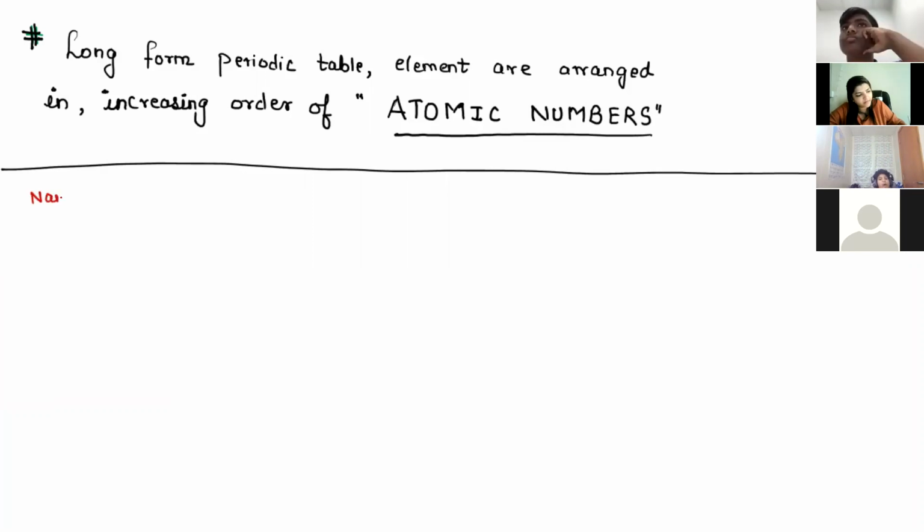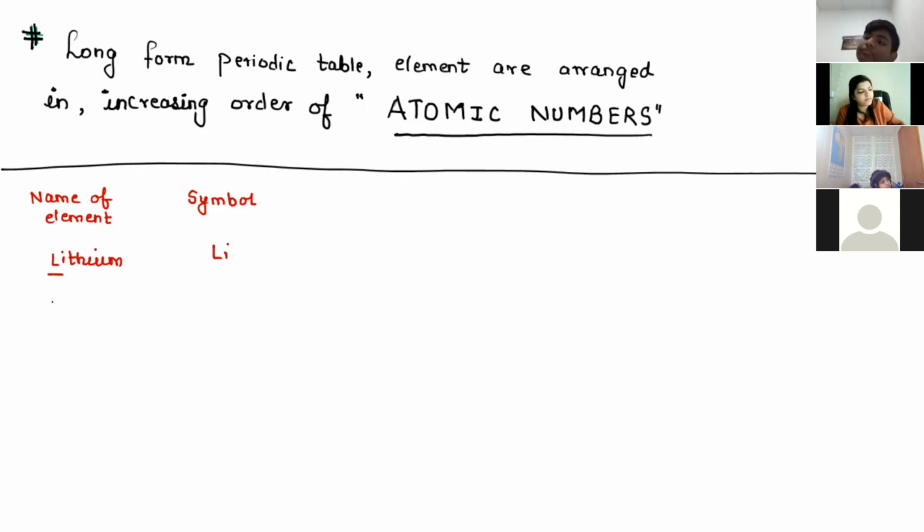Let's say name of element and symbol. So let's talk about lithium. Lithium is Li. So we know that from the name itself, the symbol is derived.